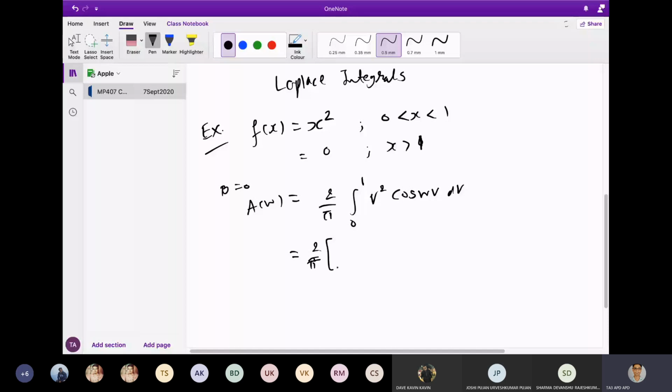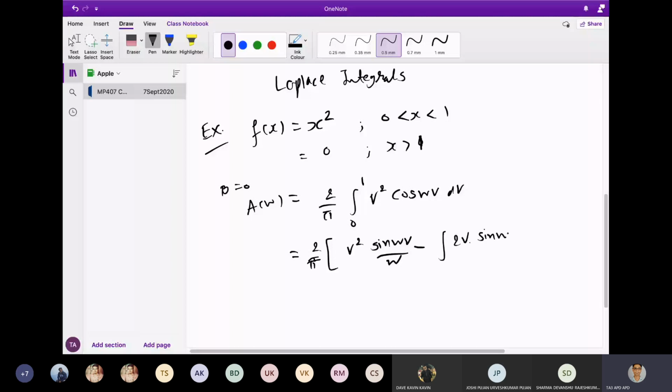So we will have v square, and cos will be sine wv upon w, minus integral, we will have 2v into sine wv upon w.